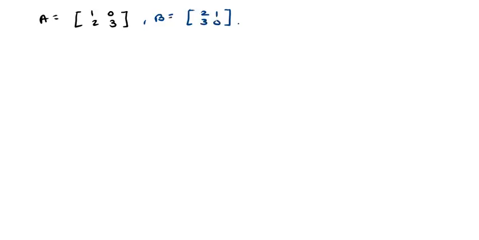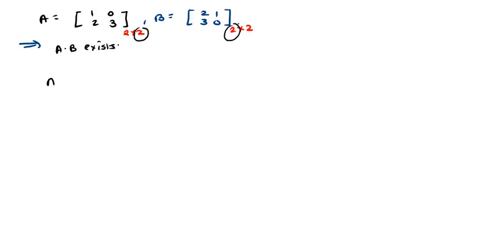Now the question is whether the matrix multiplication exists or not. You need to observe the order of the matrix A. The order of A is 2 by 2 and the order of B is 2 by 2. You can clearly see the number of columns in the first matrix equals the number of rows in the second matrix. So the multiplication A into B exists.